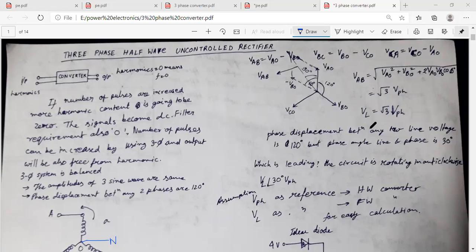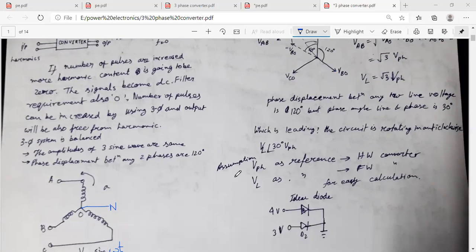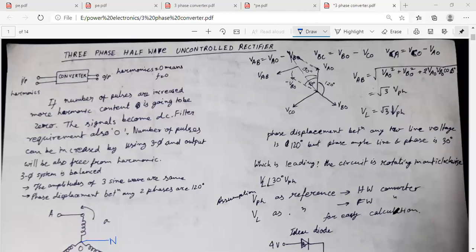So the phase displacement between any two line voltages is 120 degrees, but the phase angle between line and phase is 30 degrees. Now which one is leading? The circuit is rotating in an anti-clockwise direction. So since it is anti-clockwise, the line voltage will lead.